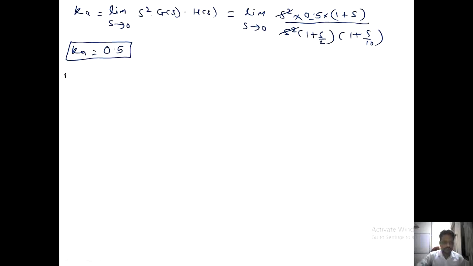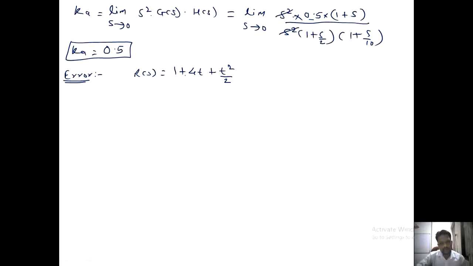Now the error. The input is R(s), the input is 1 plus 4t plus t square by 2. Can you recognize which type of input is given?